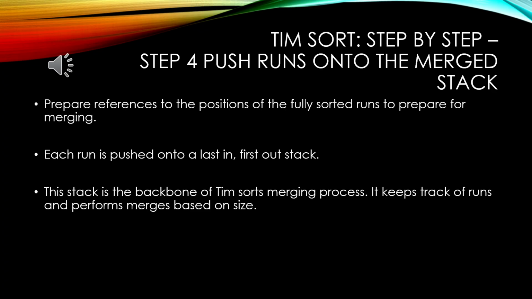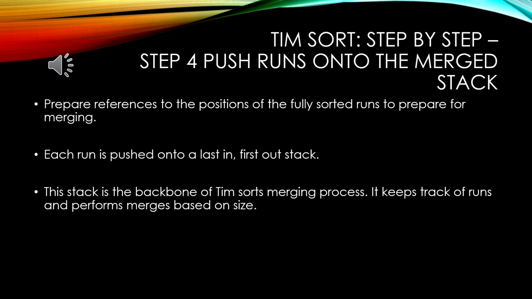Step 4. Push runs onto the merge stack. Step 4, we're going to push the runs onto the merge stack. We take the fully sorted runs that are compliant with min run, and we push them onto the last in, first out stack. This stack manages the merging process.